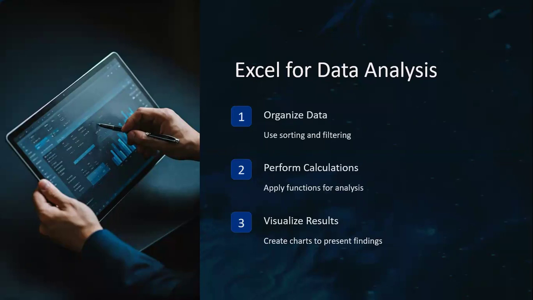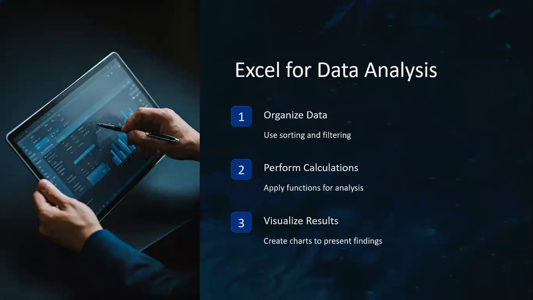So we can collect our data, then we can explore, we can clean our data, we can analyze our data using different functions, and then we can manipulate. We can use pivot tables to get the summary of the data. Like the summarization tool is the pivot tables, right? And then we can visualize our data using different charts.